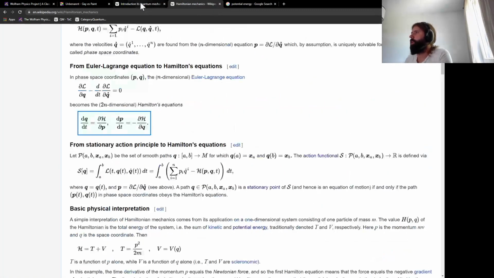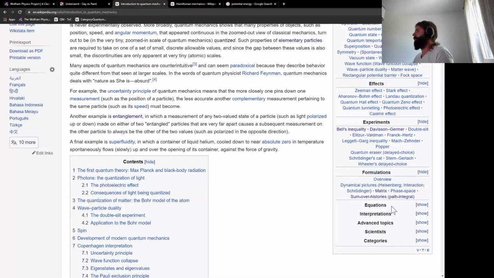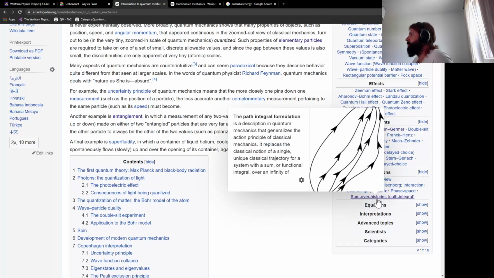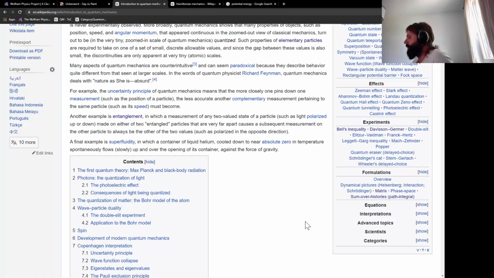I think that checks enough for me right now. So this is the Schrodinger stuff. What is this about the Heisenberg and interaction thing? So okay, but then we have the sum of histories concept, which is basically the path integral formulation, which is a bit of a different picture. Here we keep track of the action. So this means not the total energy, but how the system has changed energy-wise.